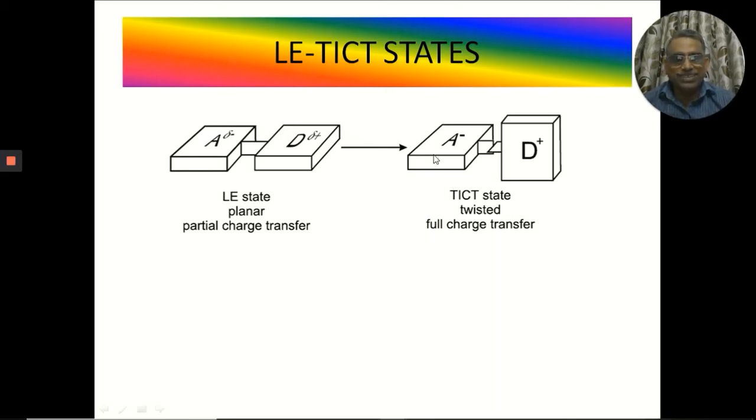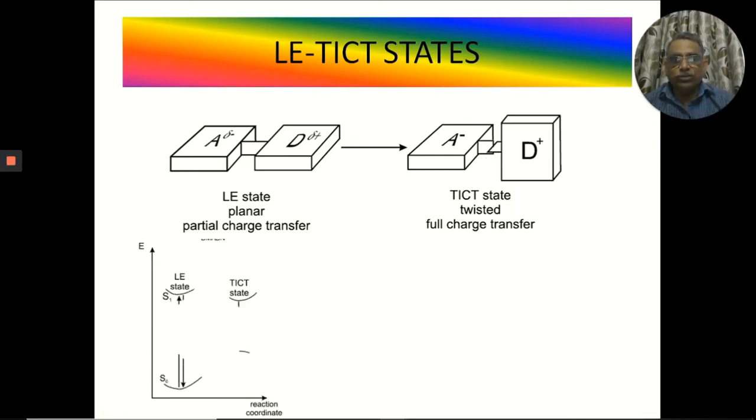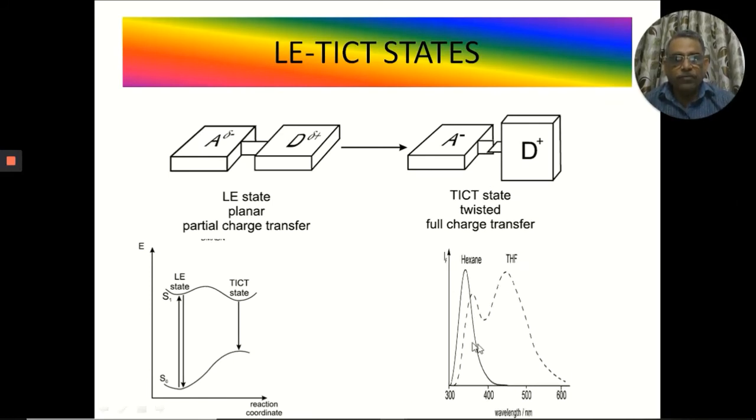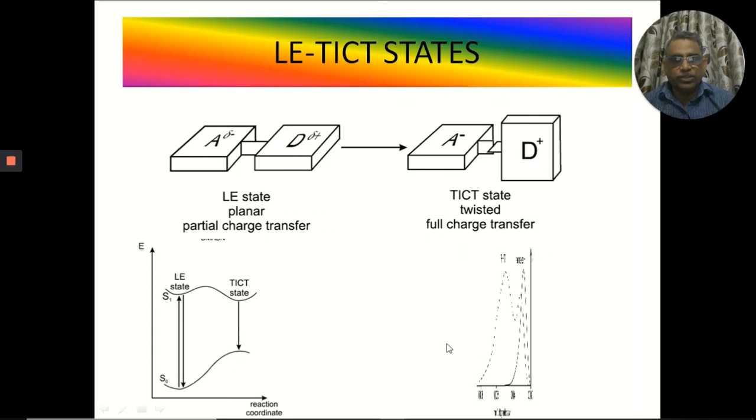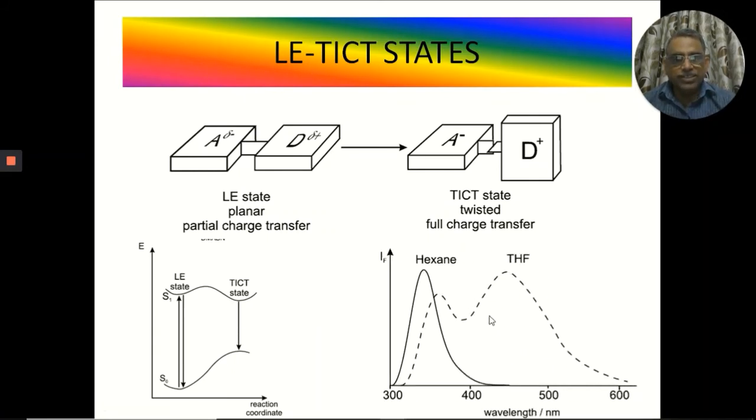This results in a full charge transfer, and is called the TICT, twisted intramolecular charge transfer state. The influence of this on the fluorescence spectra is the observation of a new peak in the long wavelength red region, which is normally observed as TICT emission.